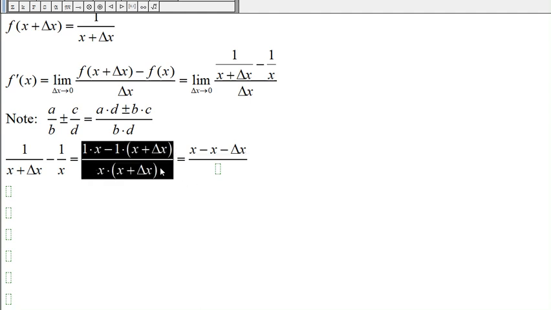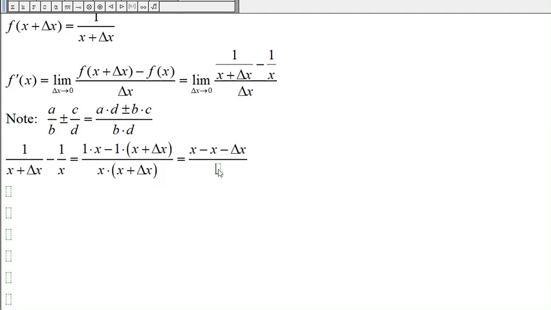And in the bottom we have this. And then x minus x is 0, and then what's left is negative delta x, divided by x times x plus delta x.